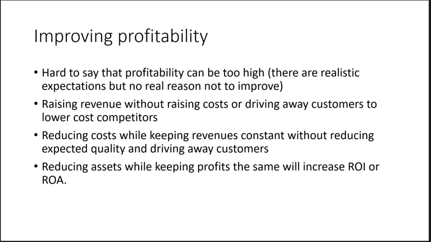So the key with these ratios is knowing where they come from and where to find the information on the financial statements, which is why we've spent so much time talking about the definitions of the various items and where they go on the financial statements, so that you know where to go to find them, calculate these ratios, and measure these items.